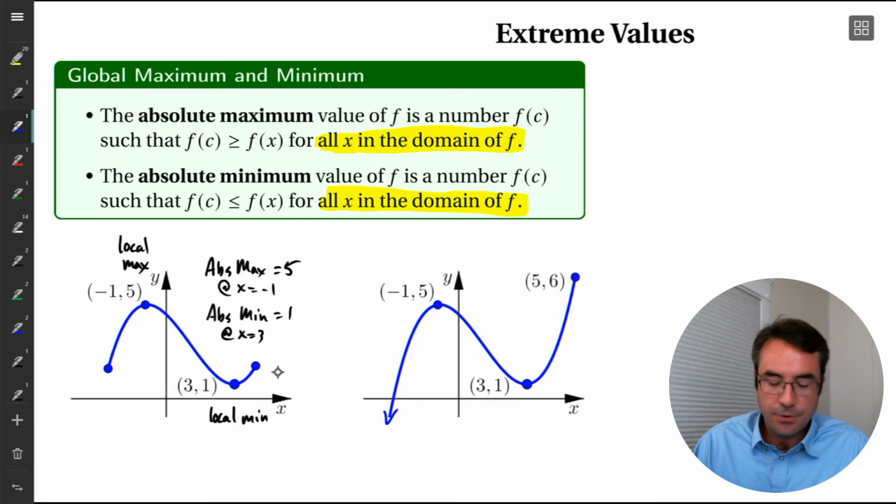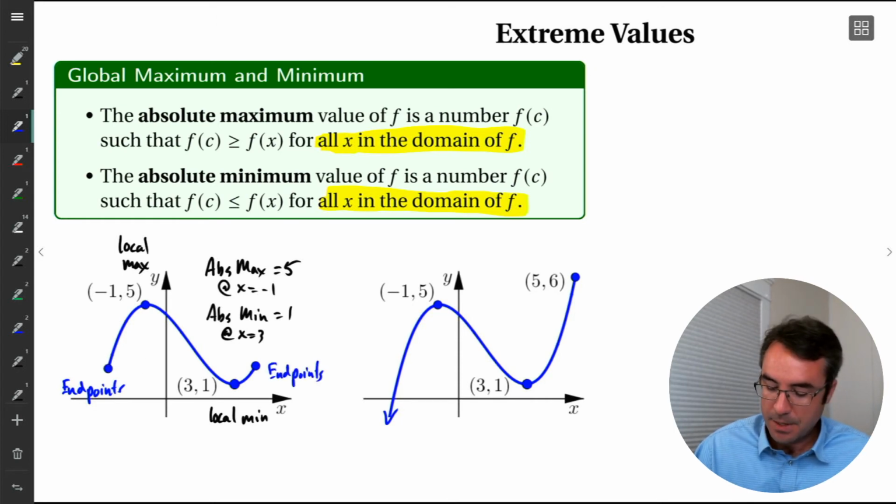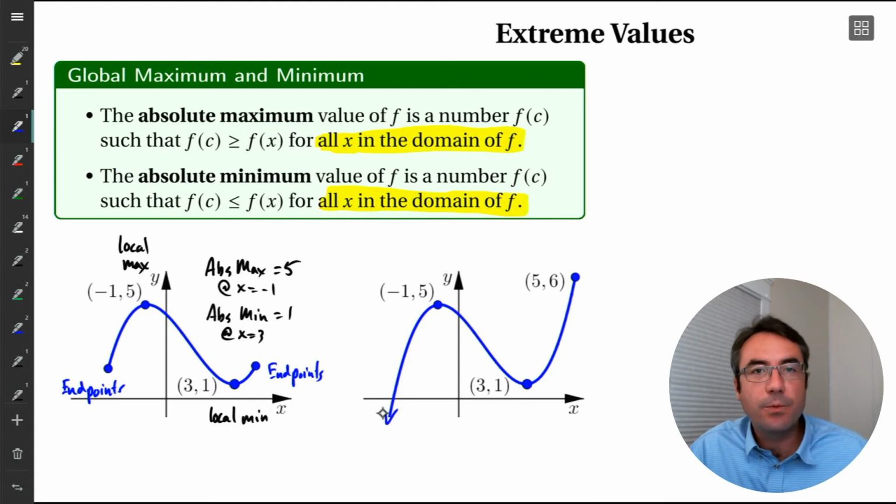Notice over here, we had these endpoints that specifically said the graph ends right here and over here. Over here it just trailed off. So the way we read that is the graph just keeps going in that direction.